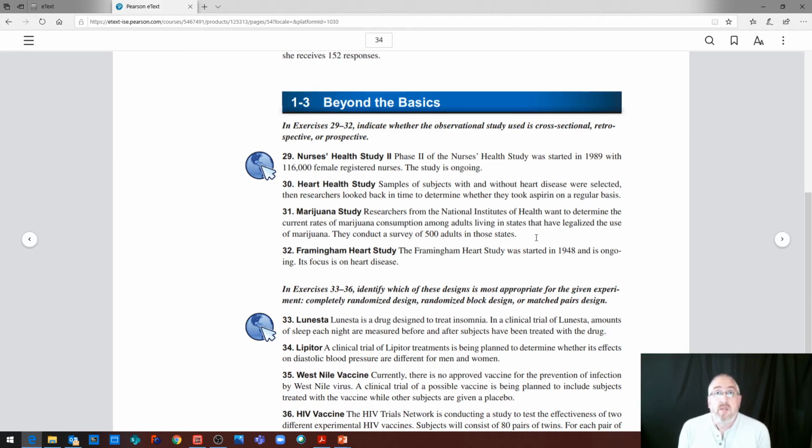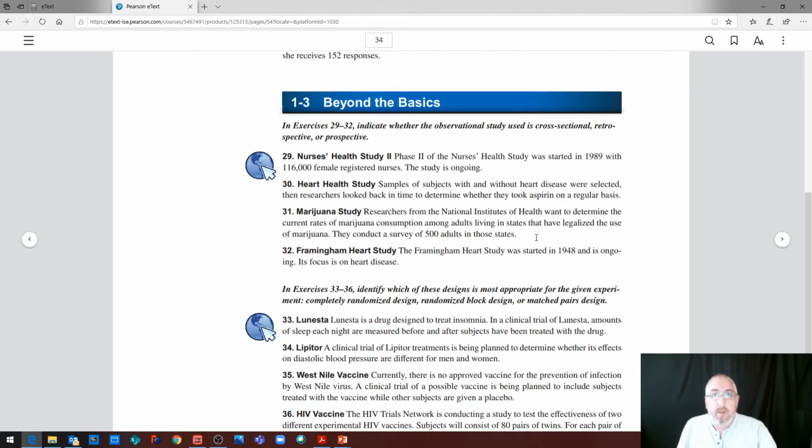So, what's the magic word in that whole mess that gives it all away? Current. It wants to determine the current rates of marijuana consumption. So current means right now, which means it's cross-sectional. So it's got to be a cross-sectional study because it's current. All right, so that's kind of the idea with those questions.